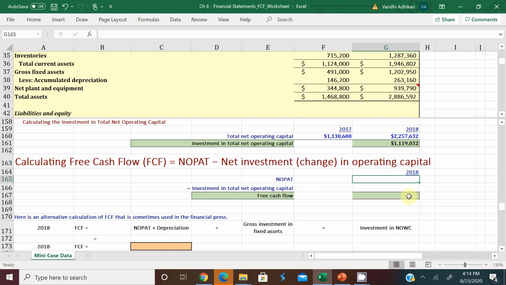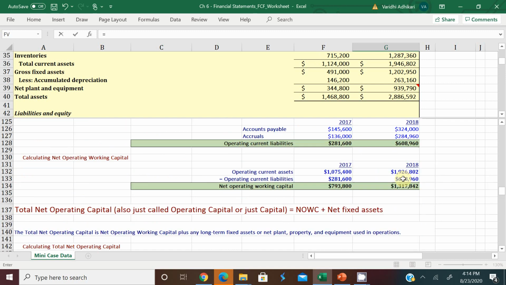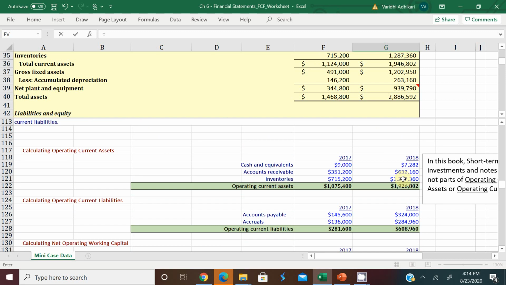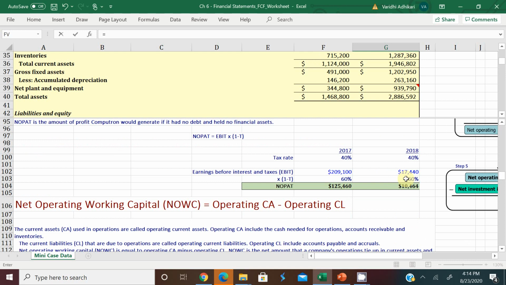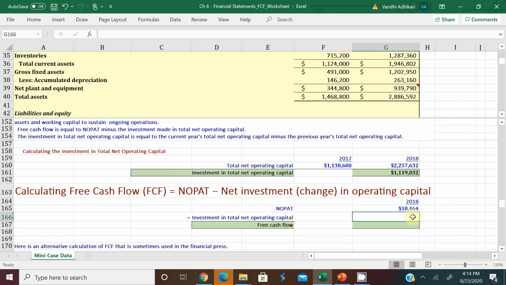So in 2018, what was the NOPAT? NOPAT, we already calculated for 2018, it was the first thing we did, remember, NOPAT, EBIT times 1 minus tax rate. NOPAT 2018 was $10,000 and minus net investment in operating capital was that much.